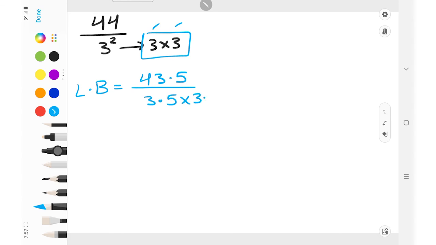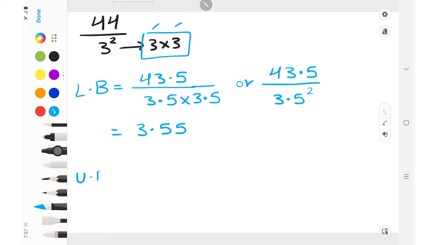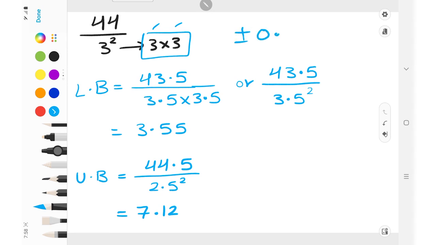You can write 3.5 multiplied by 3.5, or 43.5 divided by 3.5 squared. You will get the same answer, which is 3.55. For my upper bound, 44 becomes 44.5, and the lower of the 3 is 2.5, and it equals 7.12. And I want to remind you, we are doing plus minus 0.5 because it's to the nearest whole number.